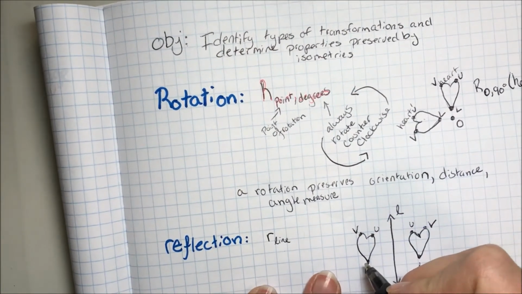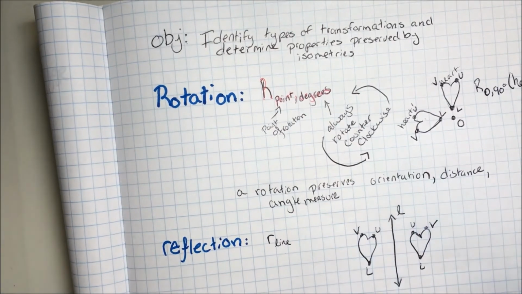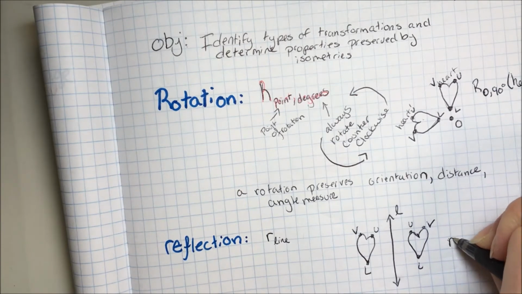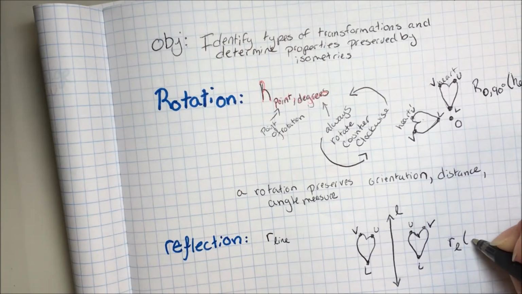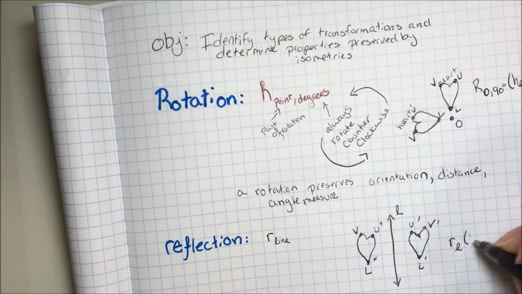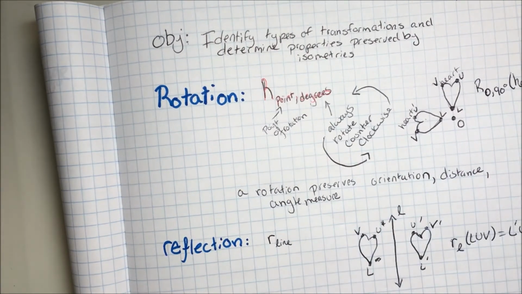If I go clockwise around, LUV becomes LVU. The orientation changes. The notation for this might be a reflection in the line L of my heart LUV results in L prime, U prime, V prime. These are not primes.